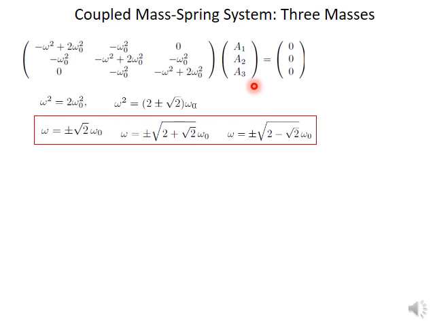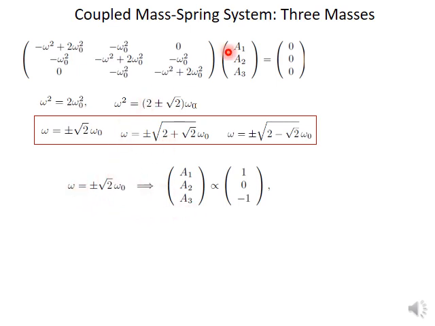You can put these omega squared values back into this equation and see what relationships you get between A1, A2, and A3. Let's do it for the first set of frequencies, omega squared equals 2 omega naught squared.